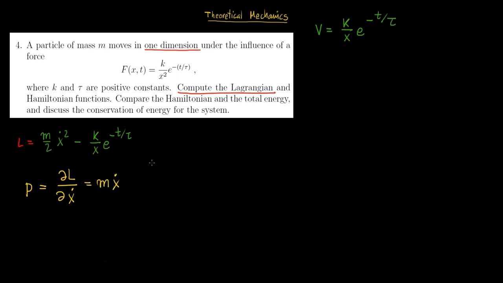So the Hamiltonian will be p q dot minus L, namely, in this case q is x.